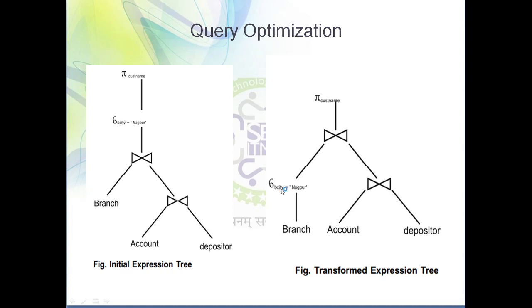The rows which are of no use, where the city is not Nagpur, are eradicated here. That's why the time is less, because from 1000 I ignore 900 rows. But this is not the case in the first plan. 1000 rows will be considered because you perform the selection operation later on. That's why query evaluation plan 2 is more efficient, because it takes less time.